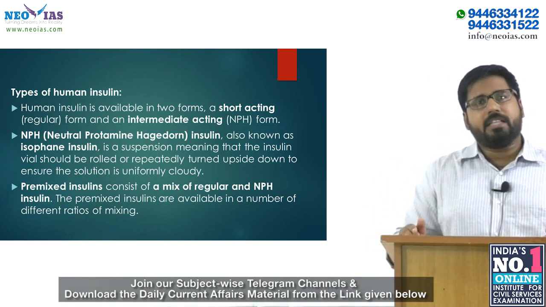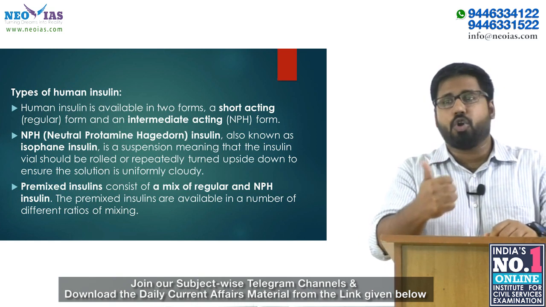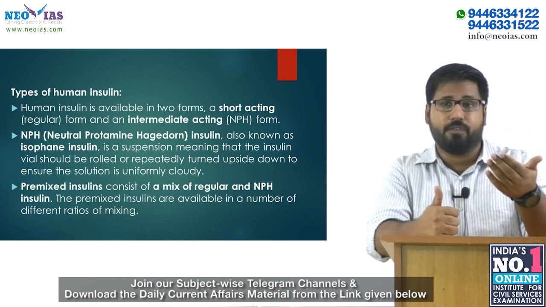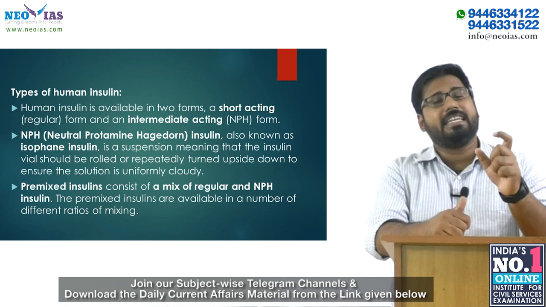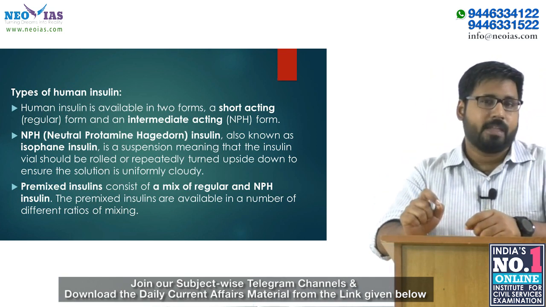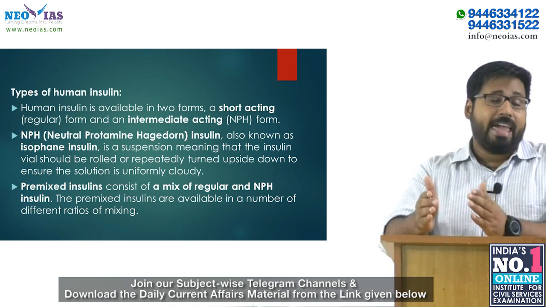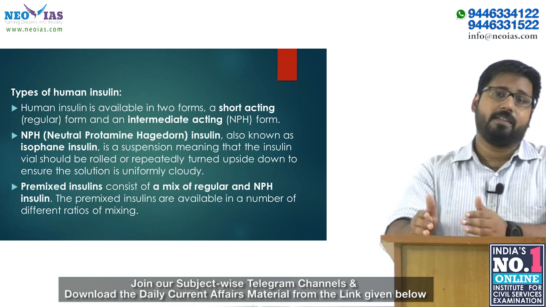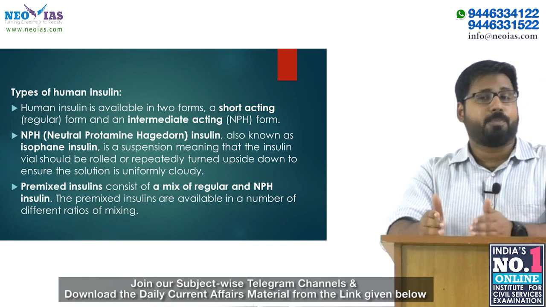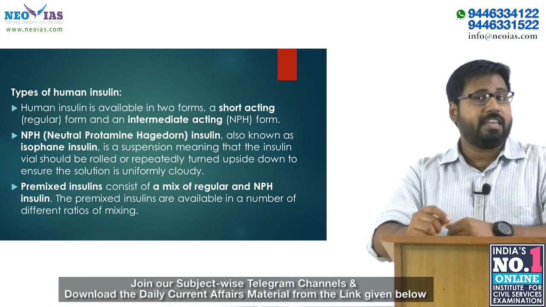Okay. Human insulin is available in two forms. The first is a short acting form that we call the regular form, and the second one is the intermediate acting form, which is also called the NPH form. Now the NPH stands for neutral protamine hagedorn insulin, and it is also called isophane insulin.